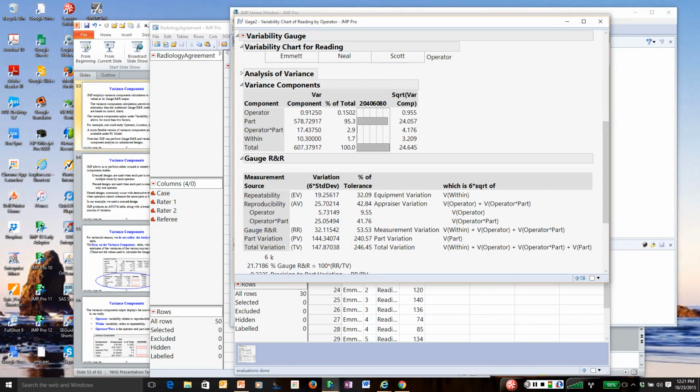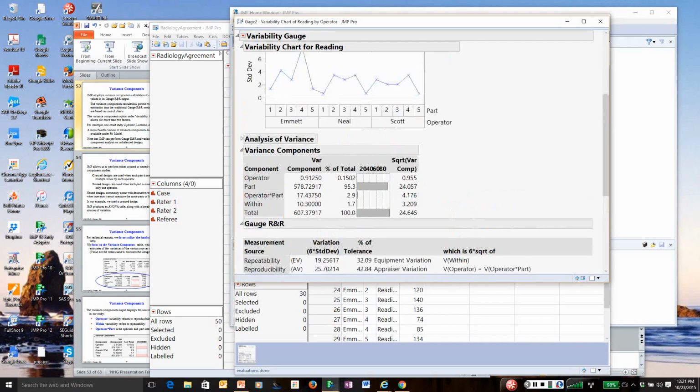So that's where we get the idea of the study variation. It comes by taking these standard deviations and multiplying them by 6 and then comparing that to the specification range. So variance components are very useful because they give you a breakdown in variation, and they show you the relative contributions each has to the total variation.